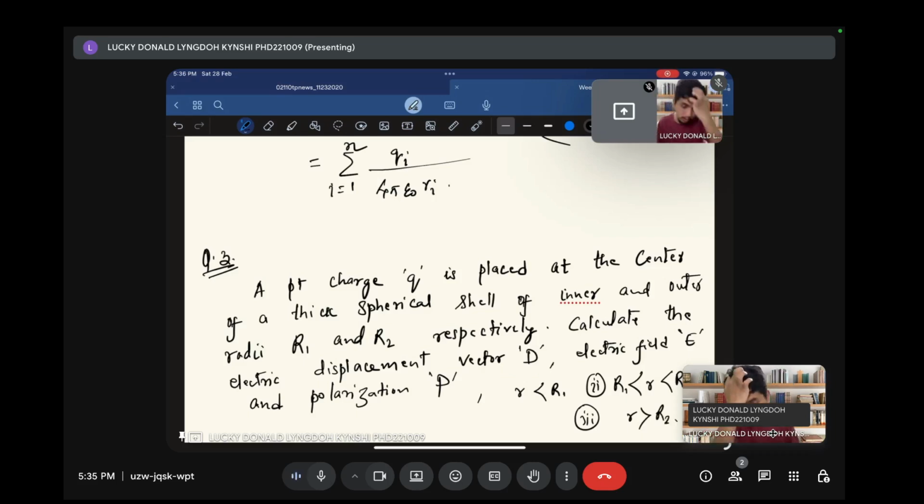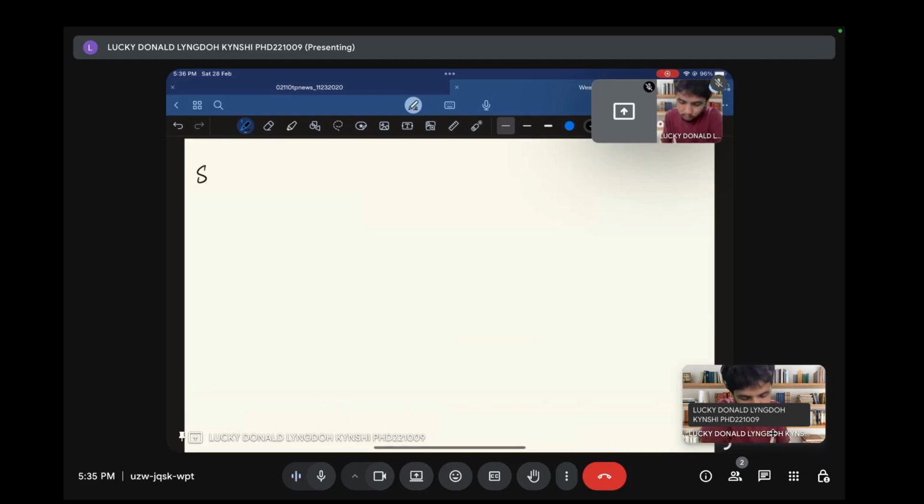So what does this question mean? Let me just draw it so that you can understand.